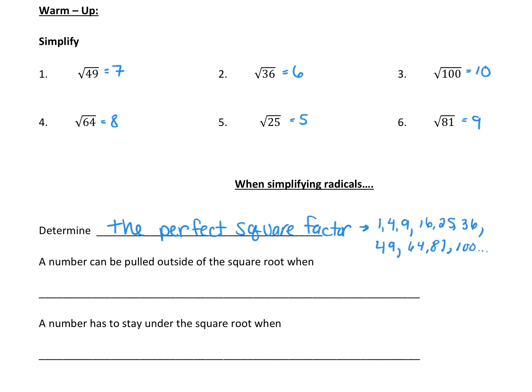A number can be pulled outside of the square root when it's a perfect square. A number has to stay under the root when it is not a perfect square.